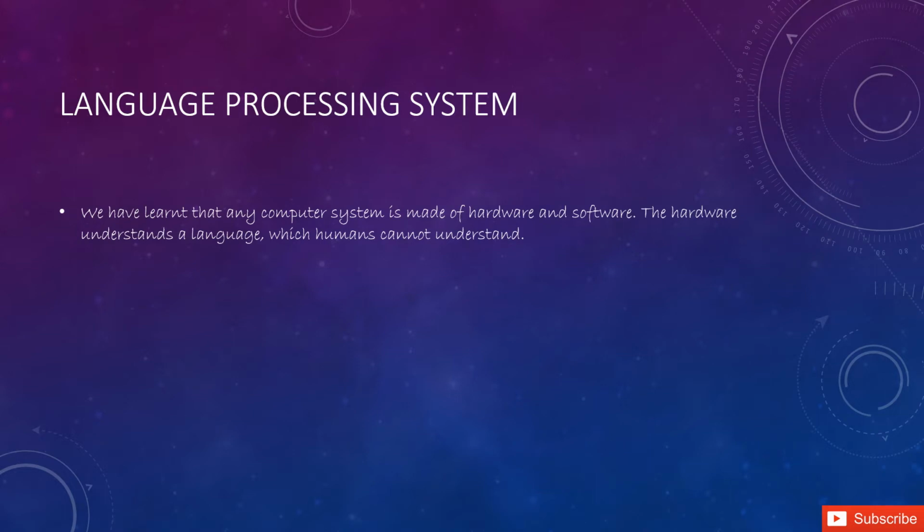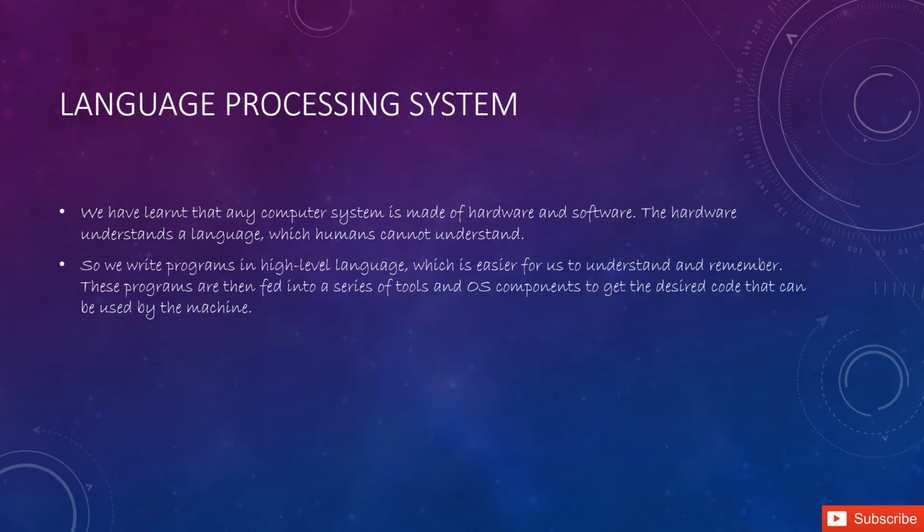The hardware understands a language which humans cannot understand, and many more points we saw in the previous lecture. So it is a program that can be fed into a series of tools and OS components to get the desired code that can be used by machines, and this is known as the language processing system. Now we see the descriptive form.